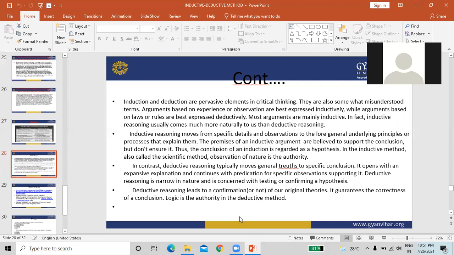Most arguments are mainly inductive. In fact, inductive reasoning usually comes much more naturally to us than deductive reasoning.